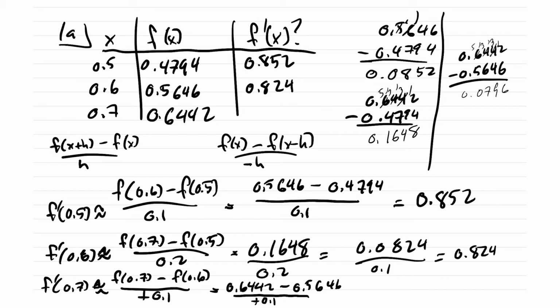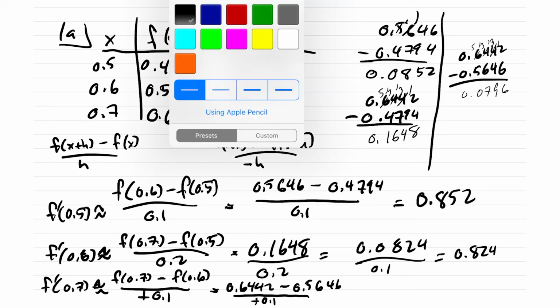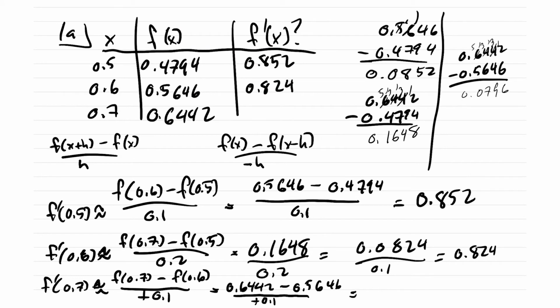So 0.0796, and so I divide that by 0.1, multiplies by 10, and so it's going to give us 0.796. So I'll put here 0.796.